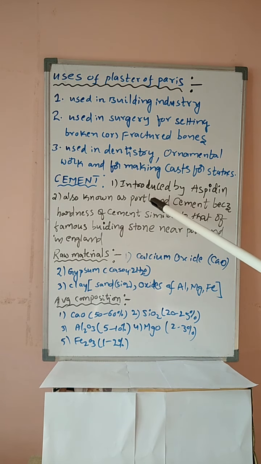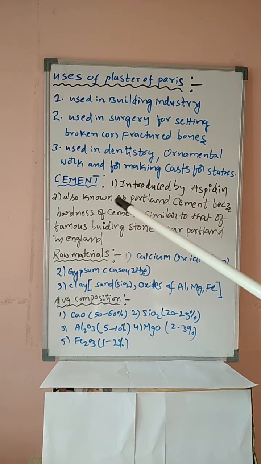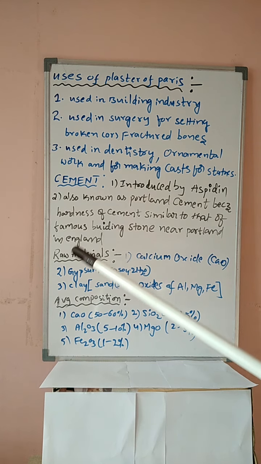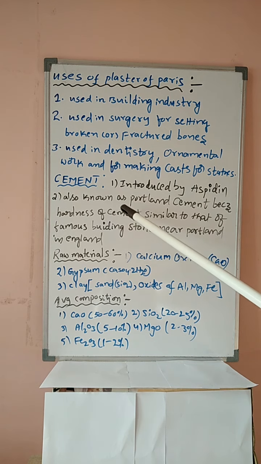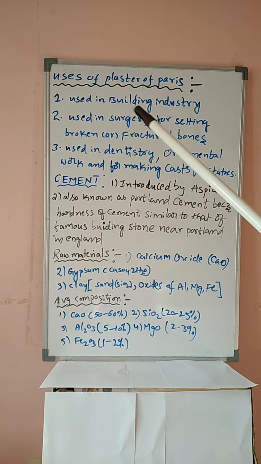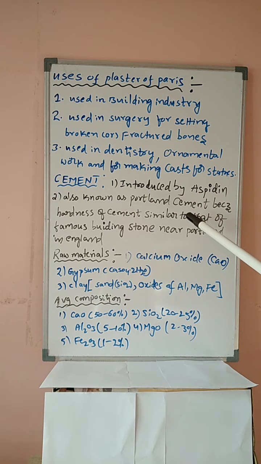Cement is also known as Portland cement because the hardness of cement is similar to that of a famous building stone near Portland in England. In Portland, England, there is a very hard stone used as building material. Due to this reason, cement is also known as Portland cement.